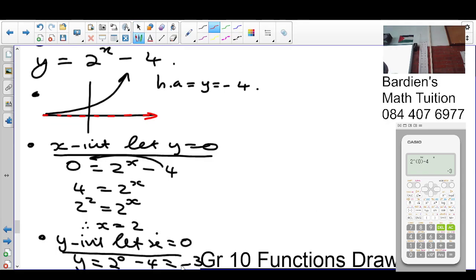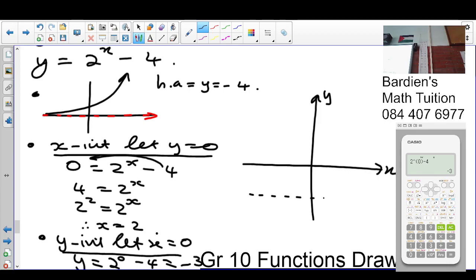Okay. So now this is enough information to draw this graph. As we know, the graph is increasing. So we draw the horizontal asymptote first. Remember, there's only one asymptote on the exponential curve.